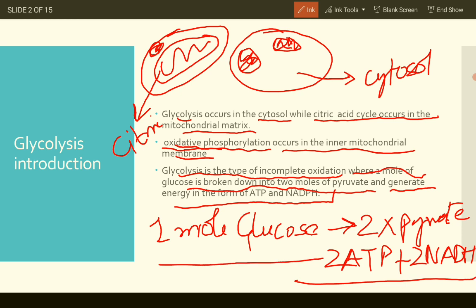This is the whole idea of glycolysis for the production of energy. So let's go into detail.